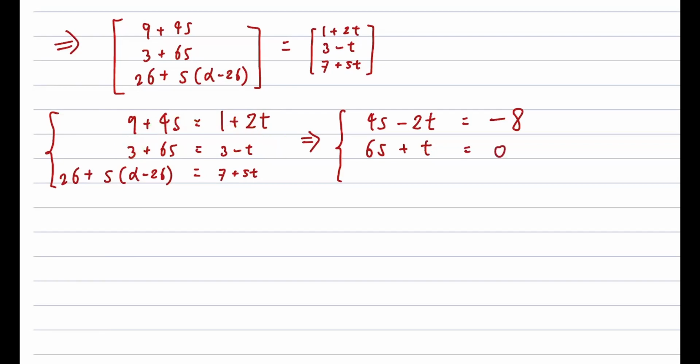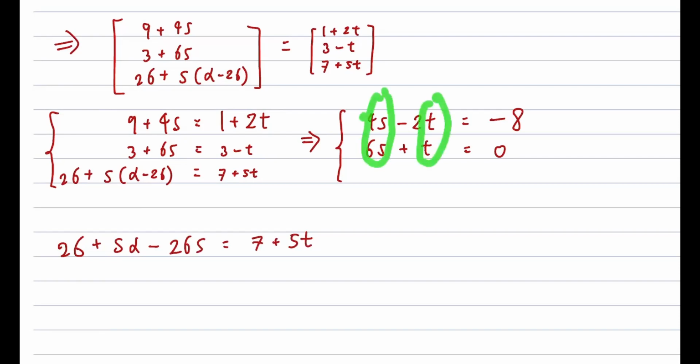Likewise over here we got, what is it? Okay, this one I would want to simplify at the side. S times alpha minus 26S equals to 7 plus 5T. Notice that I'm purposely making my S on the left and T on the right already. So continuing with that pattern, I got alpha times S. Okay, this is alpha S minus 26S. Oh, so maybe I should have just left the alpha minus 26 alone.